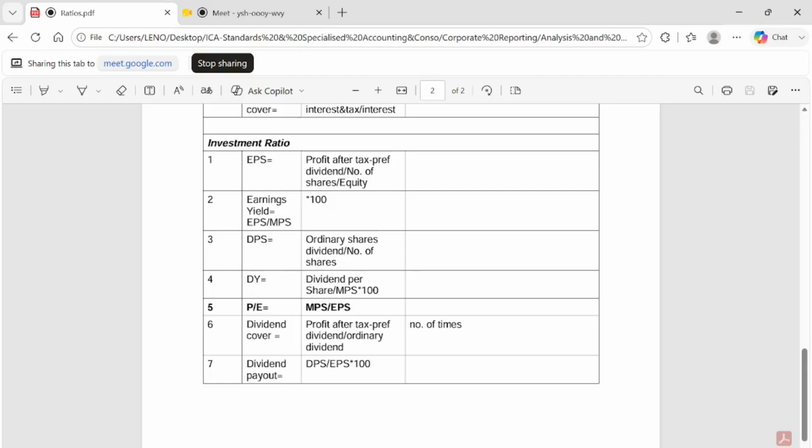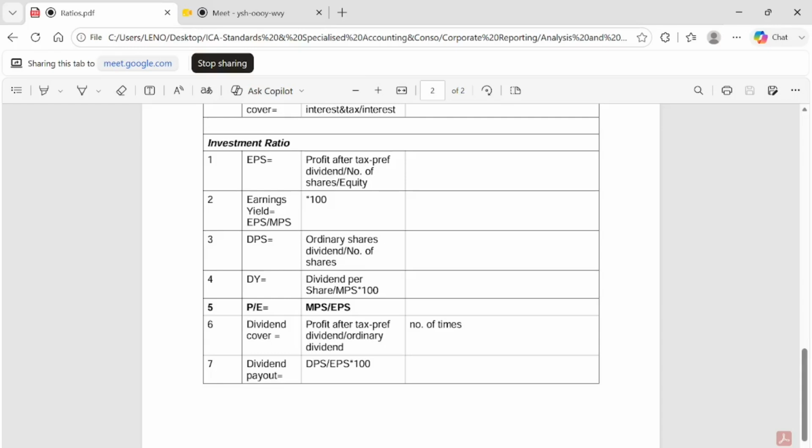Now, let us also look at dividend yield. Just like we did earnings yield up there, here the dividend yield means, in percentage terms, how much is your dividend yielding for you? The first one is overall of the net profit. But when you look at the dividend per share, it means they've now declared dividend on the money.